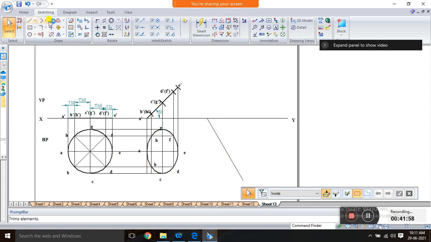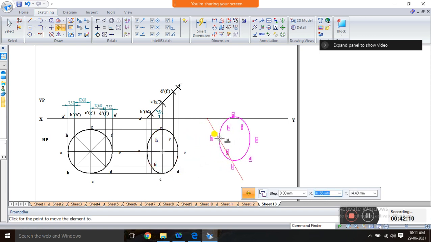So first I will show you with the help of the system. Copy this, use the move option, and place it anywhere. So move option, copy the point A, and place it.